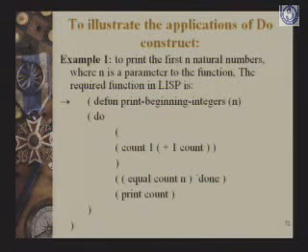The slide says that first of all we are defining a function which is intended to print the beginning integers, and the first n integers are to be printed only, because the process is adding one number and printing, therefore it is an iterative process.